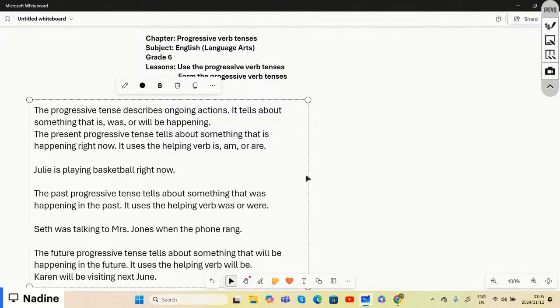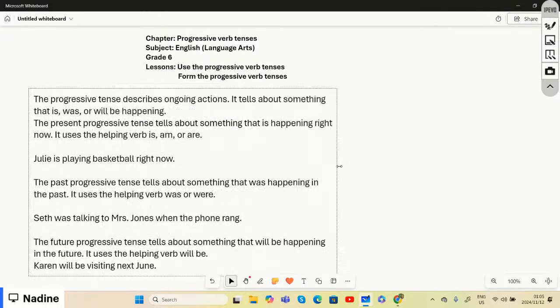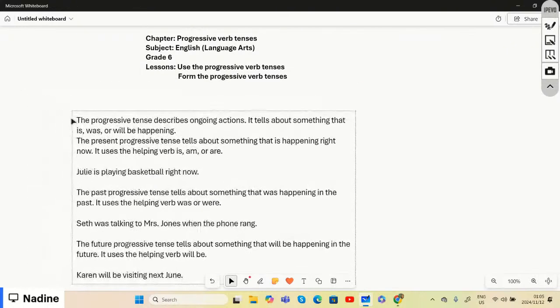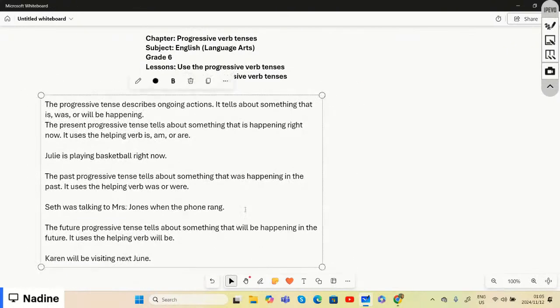The lessons we are going to focus on under this chapter are to use progressive verb tenses and to form the progressive verb tenses. So we're first going to use them, and then we're going to form them. That is going to be our lessons for today.